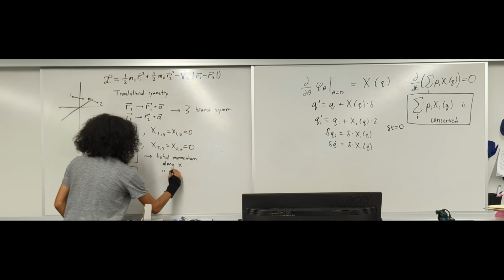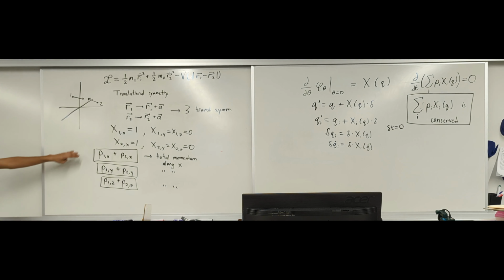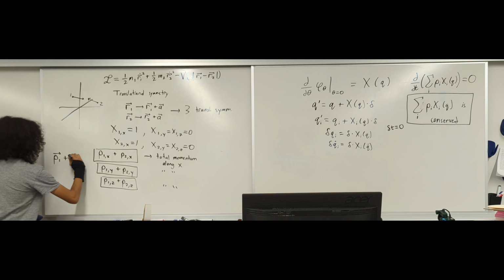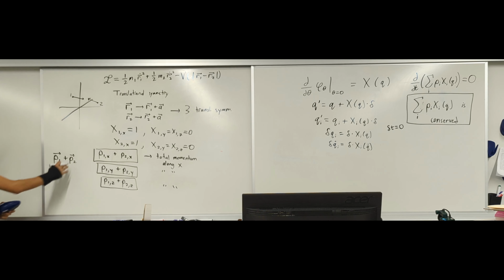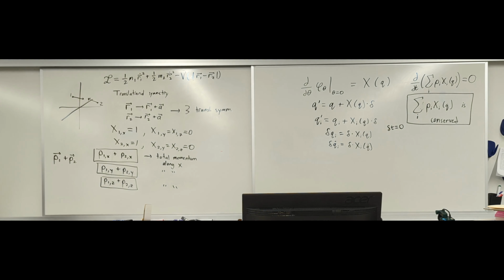So these are just the same things, but with y and z. So each component of the total momentum is conserved. That means, as a vector, the total momentum of the system is conserved. So having this overall translational symmetry of the system tells us that the total momentum is conserved.